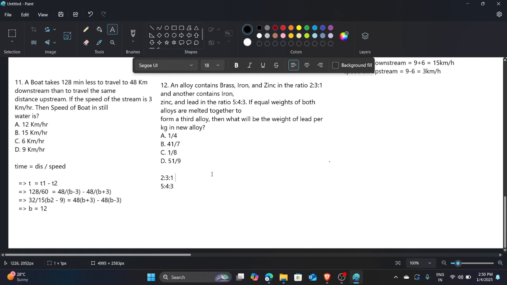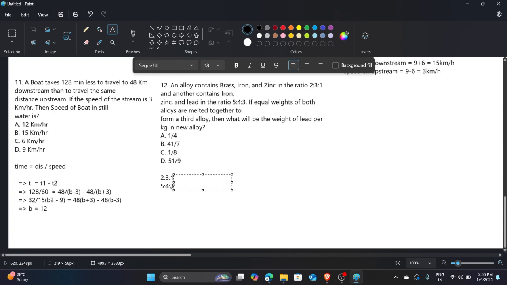No problem. We just have to mix those ratios. 2 plus 3 plus 1 is 6, and here 5 plus 4 plus 3 is 12.